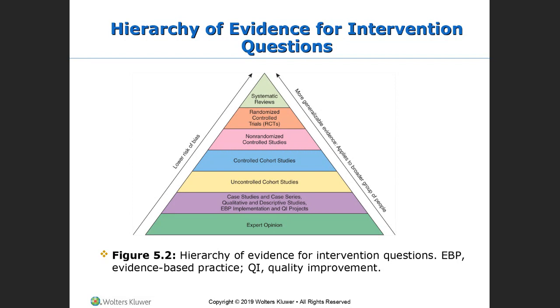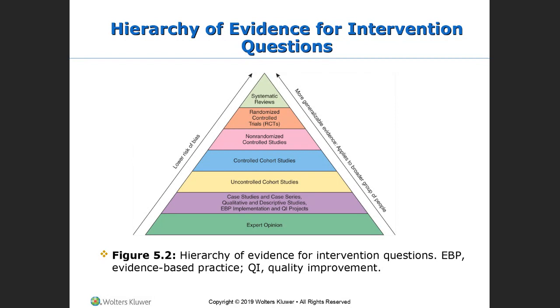In a randomized control trial, which is one of our highest levels of evidence, groups have been randomized specifically based on the inclusion and exclusion criteria. And again, that is one of the things that you need to leave the class with.